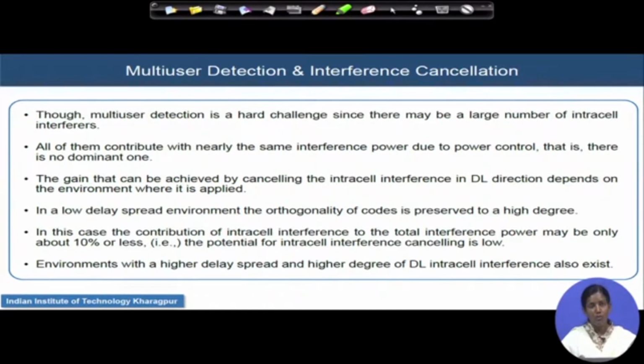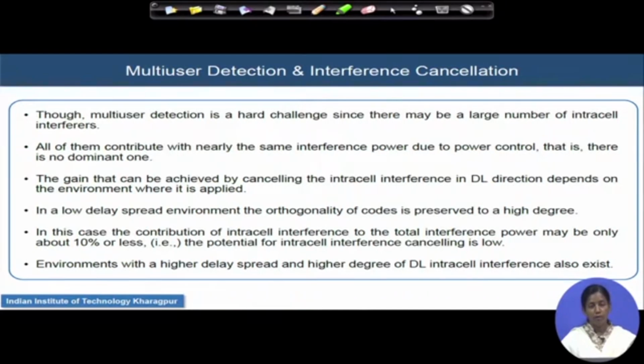The code itself is taking care, all the codes are orthogonal, and the orthogonality prevails from user to user. There is no loss in that, because the channel is a low delay spread channel. So, it has not changed a lot. Orthogonality is almost maintained, and that is why the interference is not that much, around 10% contribution coming from the intra-cell interference, and in that case you may even avoid the detection process, because the improvement will not be very high.